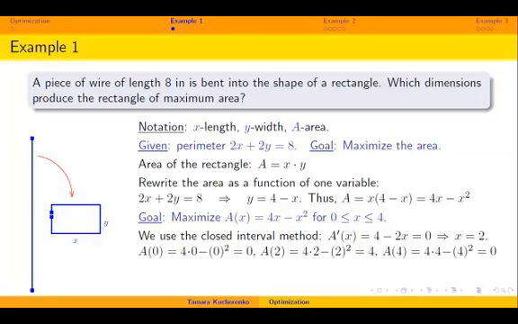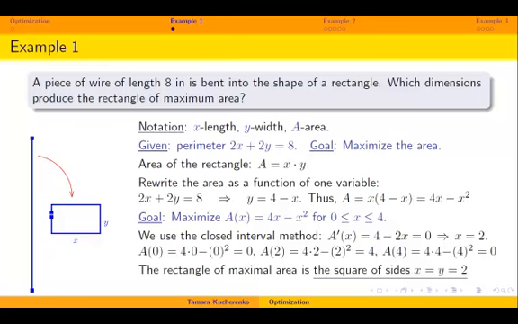The largest area is 4, and it occurs for x equals 2. The corresponding value of y is 4 minus 2, which is also 2. Therefore, the rectangle of maximal area is the square of sides x equals y equals 2.